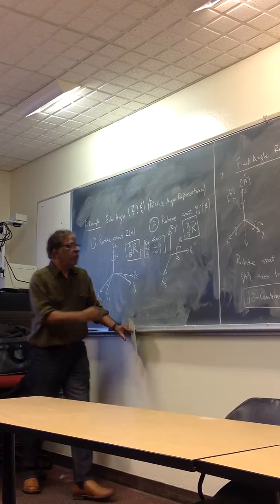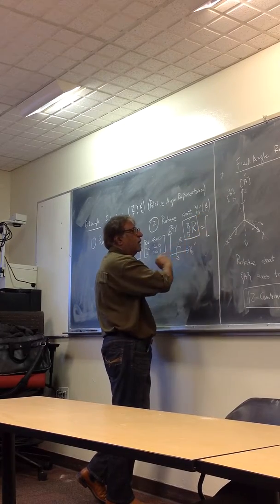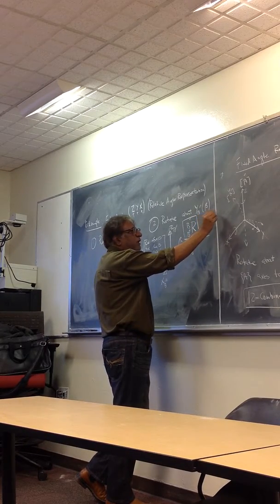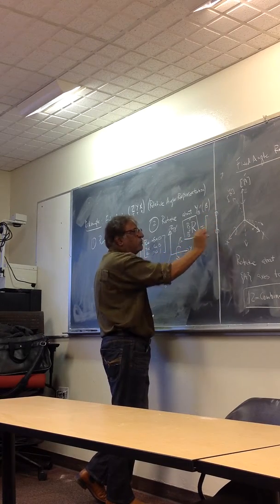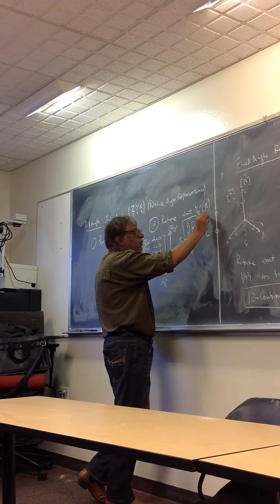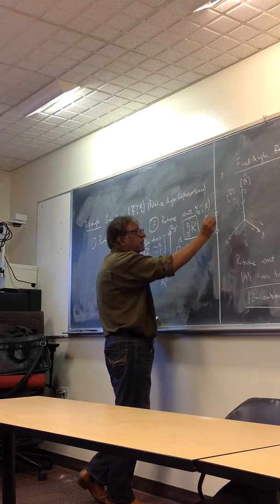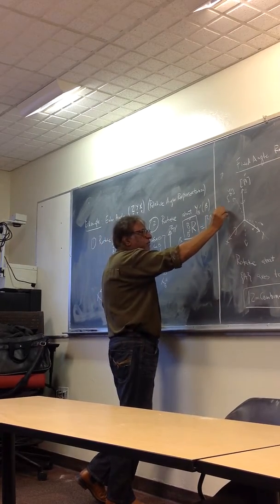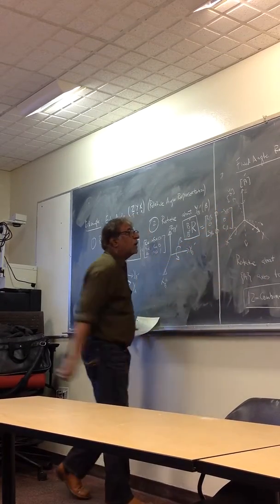This matrix, what does it look like? We know that it is rotation about y, so you have 0, 1, 0. And then you have cosine beta, 0, sine beta. You have minus sine beta, 0, cosine beta, right? Everybody with me?